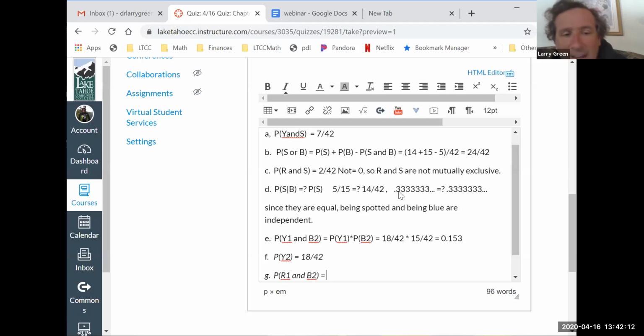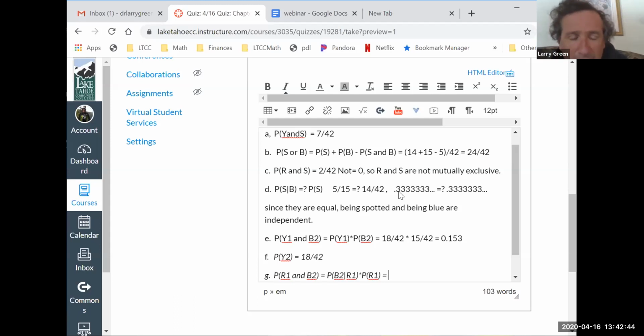Okay, so to get that one, that's equal to the probability the second is blue given the first is red, times the probability the first is red. Okay, that was a little formula we had.